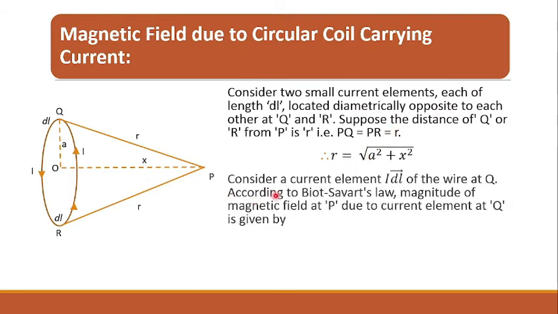And consider a current element I dl of the wire at Q. According to the Biot-Savart law, the magnitude of magnetic field at P due to the current element at Q is given by dB vector is equal to mu 0 upon 4 pi times I dl vector cross r vector upon r cubed.